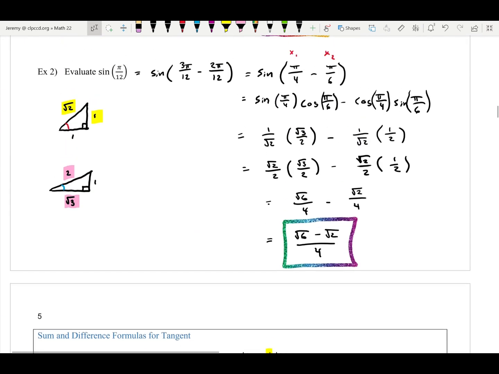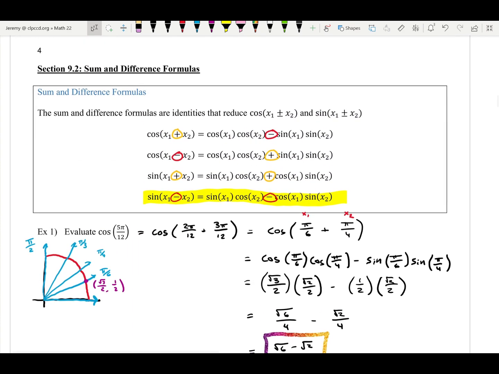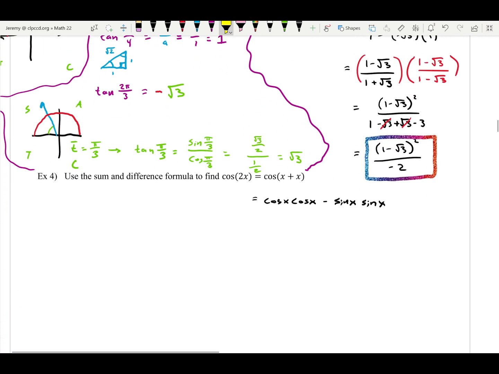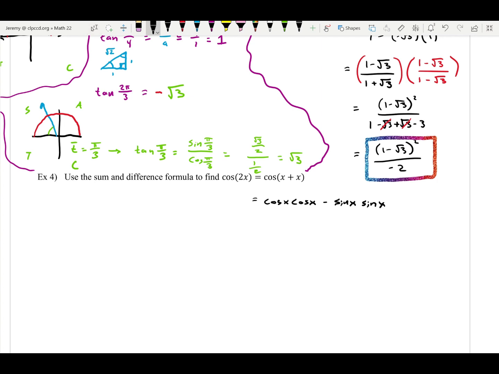So going back to the list of formulas, we're just applying this first formula here. x1 and x2 are both x. So we get this. We can simplify this. What's cosine x times cosine x? That is just cosine squared x. Same over here, minus sine squared x.